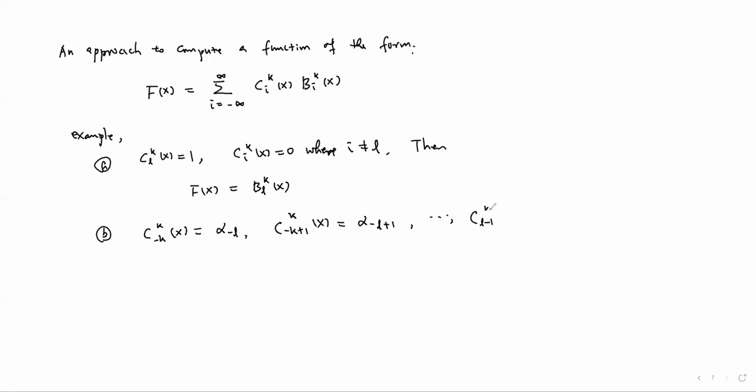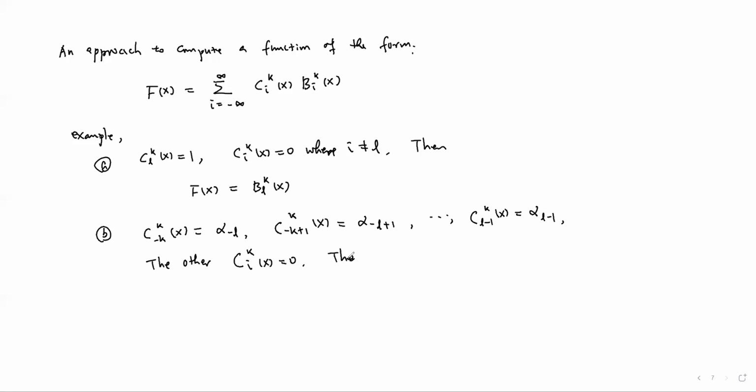C n minus 1 k is alpha n minus 1. The other C I k in this expression are 0.